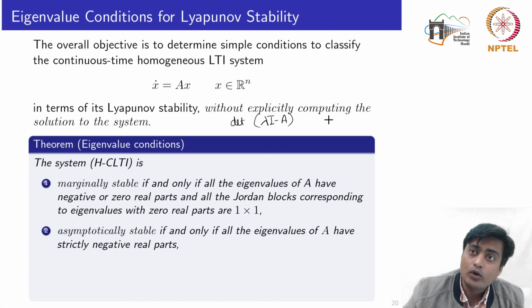Once you have the polynomial in terms of lambda, you equate it to 0 and compute all the lambdas. All these lambdas are the eigenvalues of the matrix A.